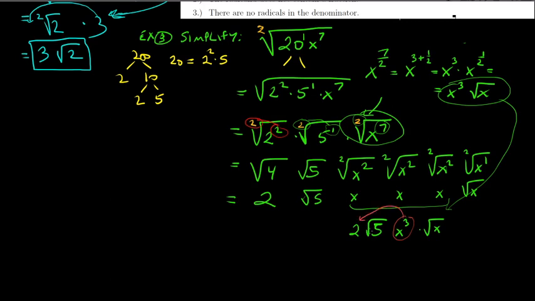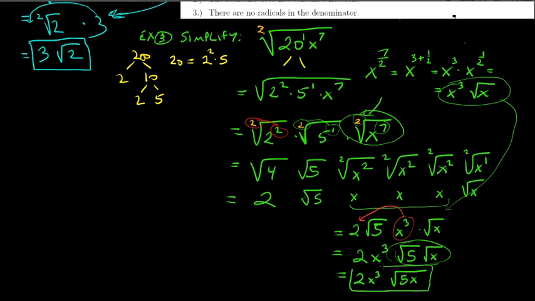That should go in front of the square root of 5, not the 2, of course. So we will write this as 2 times x cubed, and then we have the square root of 5 times the square root of x, but we might as well just write this all as one big square root. It's going to be the square root of 5 times x.